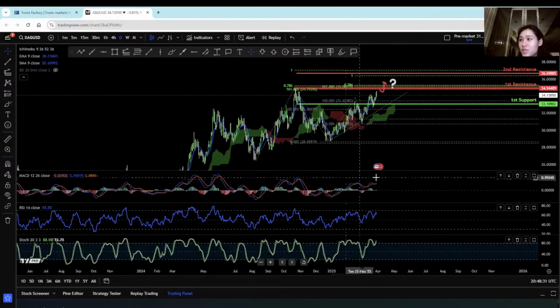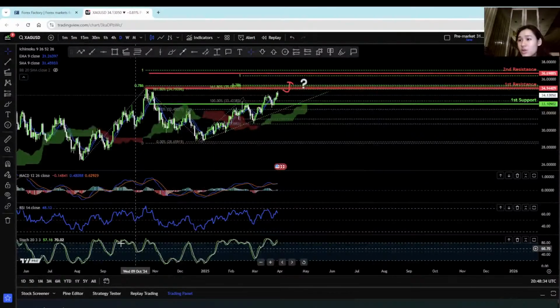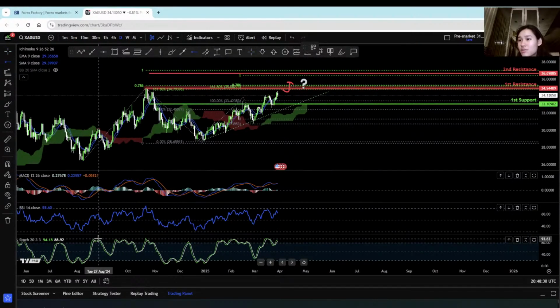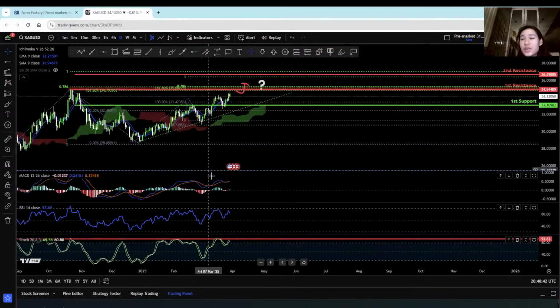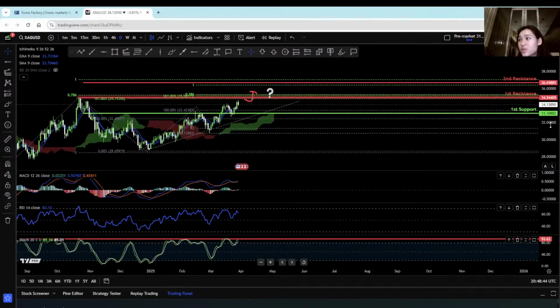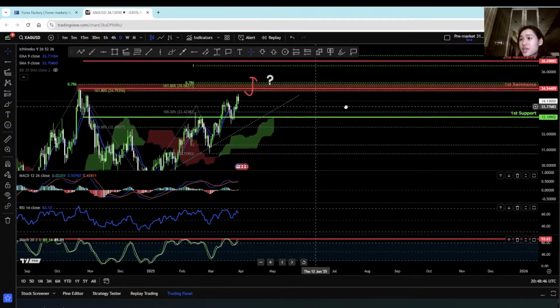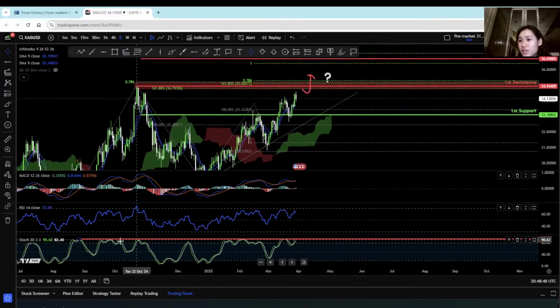Both of these indicators moving upwards. Although I will say that on stochastic, kind of in line with what we've been talking about, with there being quite a huge resistance in this area, over here for the stochastic, you can see a hidden resistance level.